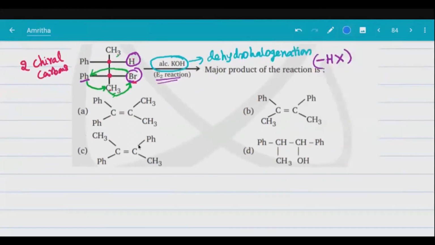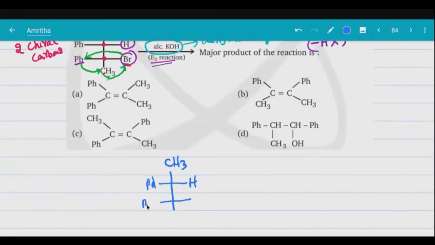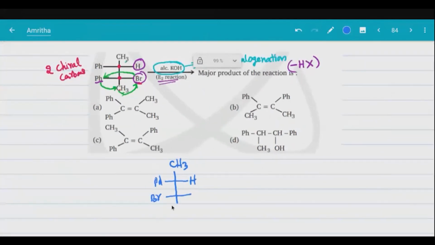I just rotated the carbon. Ph I kept the same, but Br is coming here, Ph is coming here, CH3 is coming here. Done. So in the Fischer projection, this now has identical configuration.